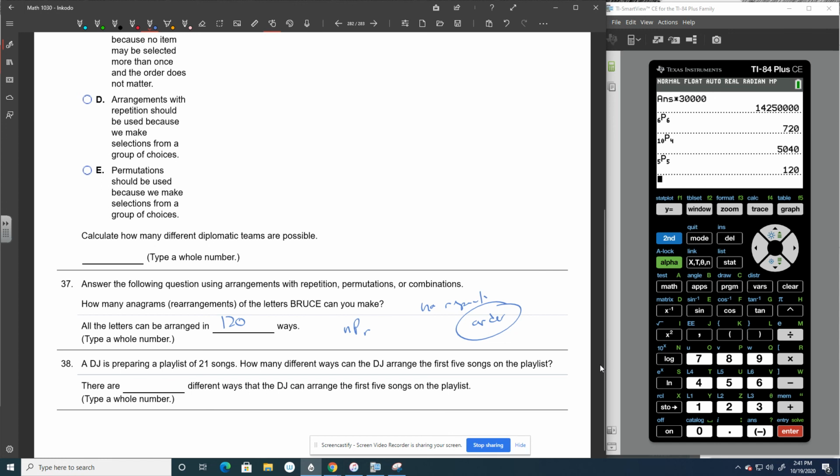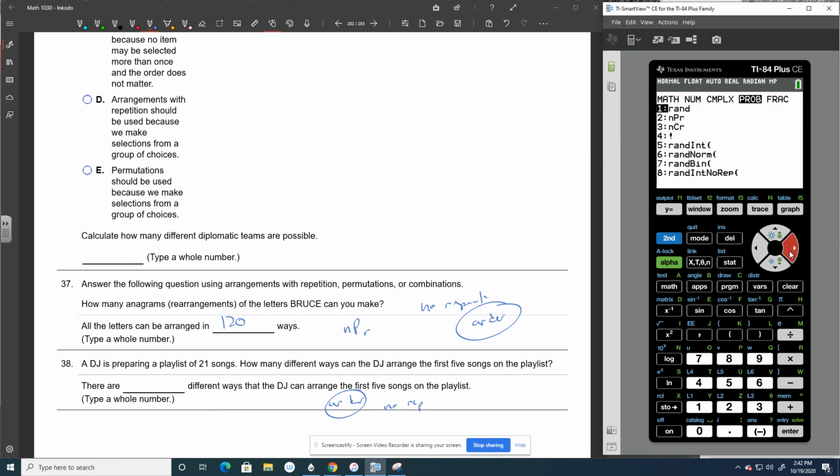All right, 38. A DJ is preparing a playlist of 21 songs. How many different ways can the DJ arrange the first 5 songs? So order matters, and there's no repetition. So again, I'm going to use nPr.